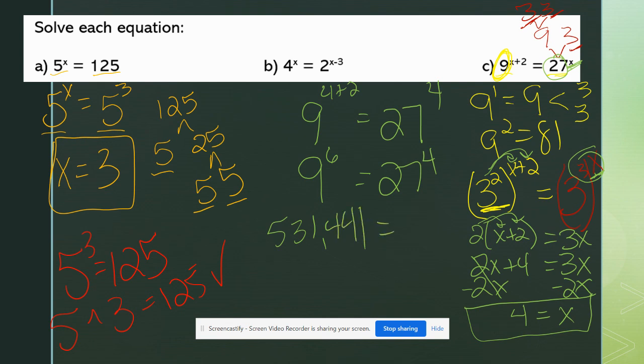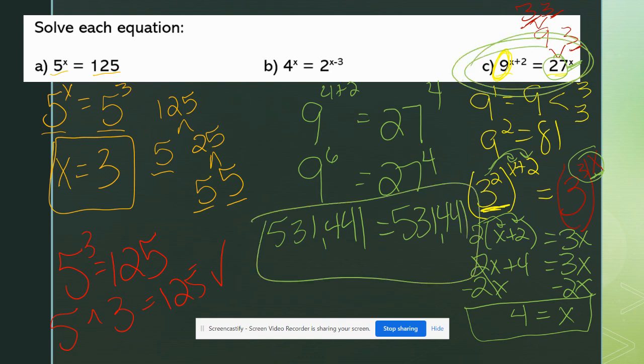And then you do 27 to the 4th power, and you get 531,441. So even though the bases aren't the same in the original equation, when I plug in my x value and evaluate those, you end up with the exact same value. So go ahead and try the try example numbers 4 and 5.